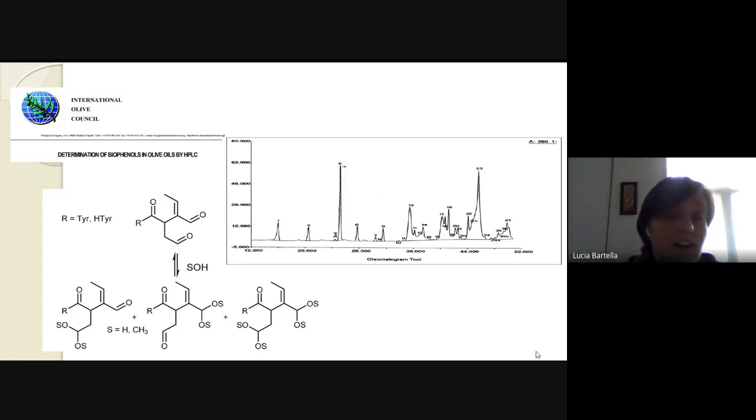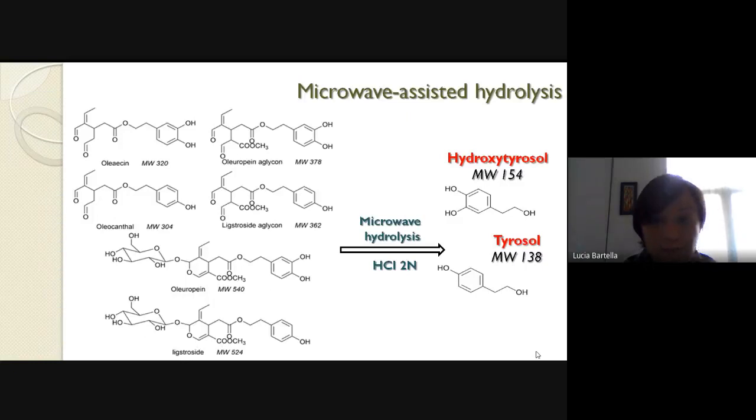These molecules, in fact, are dialdehydic species, and in the presence of solvents such as water and methanol, they can produce hemiacetal and acetal species, and this complicates the UV profile and so the results.